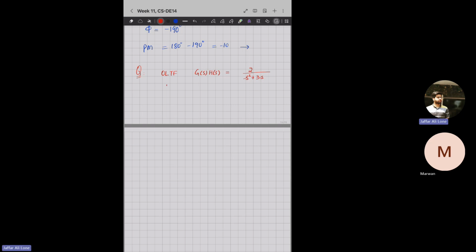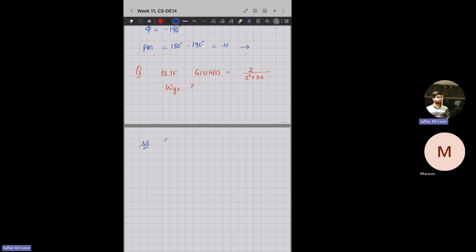And we have to find the gain crossover frequency. Because we saw how to find phase crossover frequency and gain margin, here we will see how to find gain crossover frequency and phase margin. Then we are done, right? So then I think you should be able to solve all the questions. So now let's solve this.